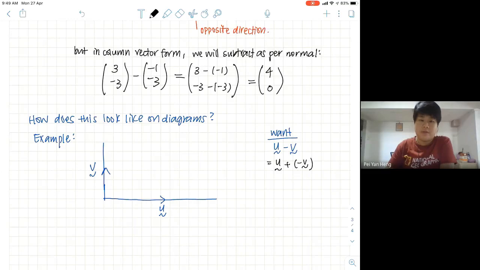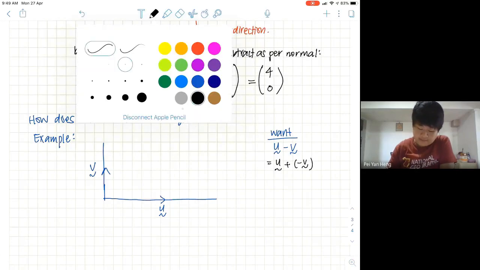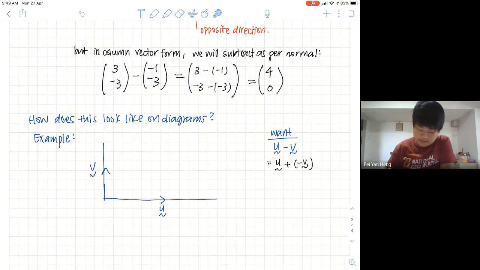We always look at vector addition because we are adding our pathways. We always add on, we don't remove the pathway. So here, we are adding a negative vector V. If you look at your diagram, vector V is here, going upwards.